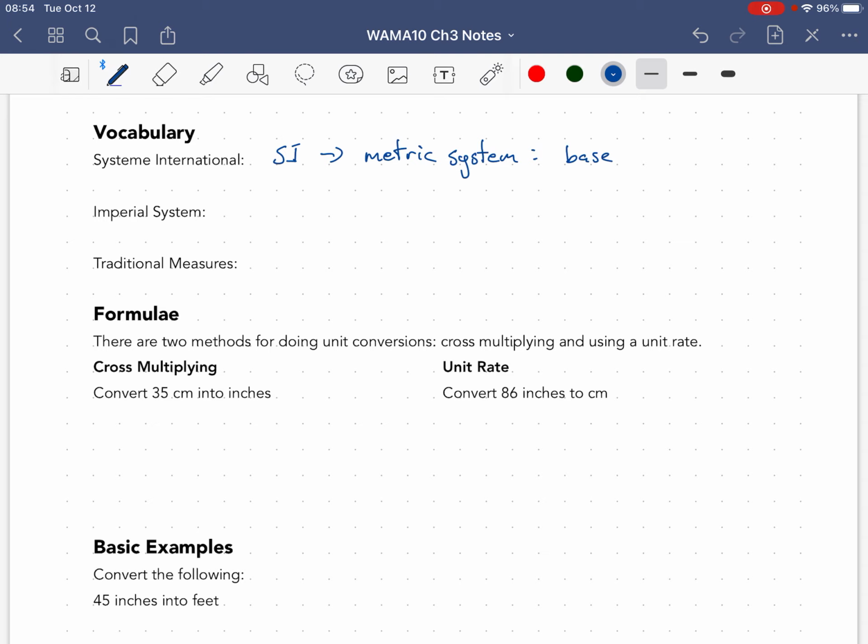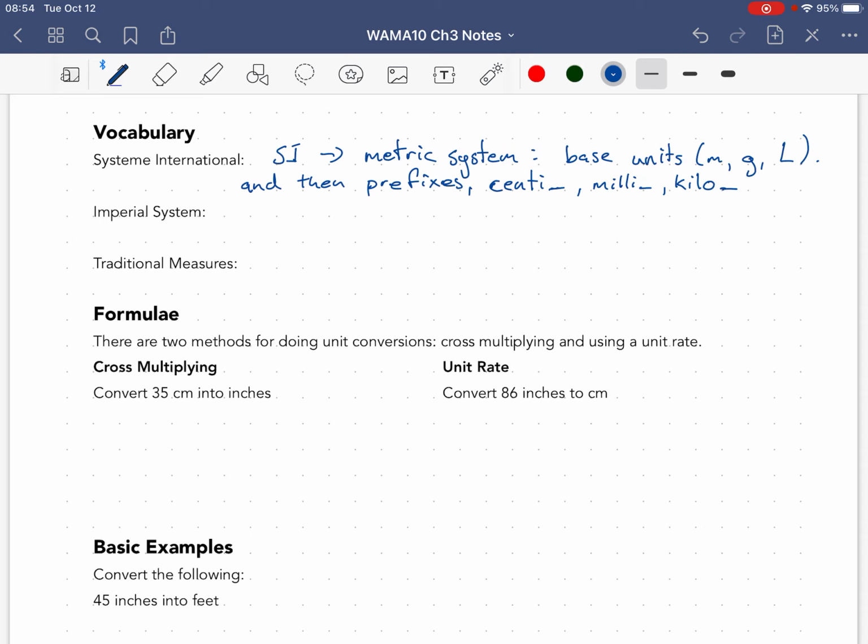We have base units, like meters, grams, liters, and then prefixes, such as centi, milli, kilo, and there's many more actually.